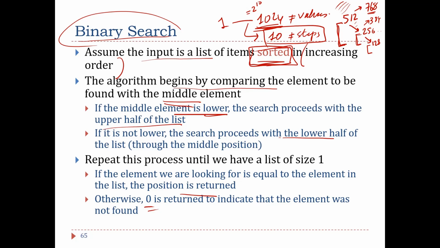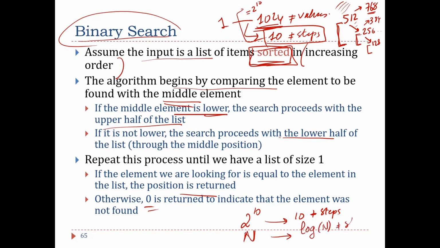We will see that, as you noticed here, if we have 2 to the power 10, we would have found it in 10 different steps. So it means that the number of steps required for binary search, if we would have had n, it's, well, think about it. Yeah, it's log of n different steps.